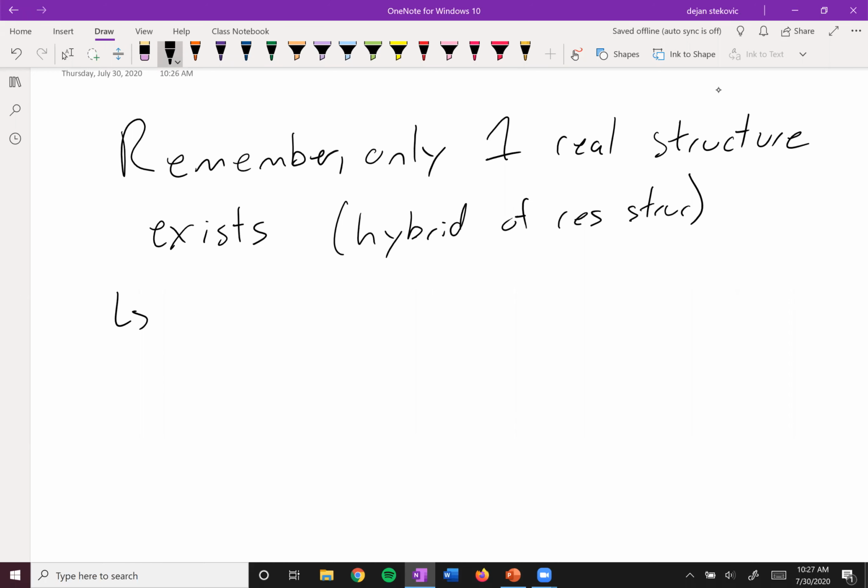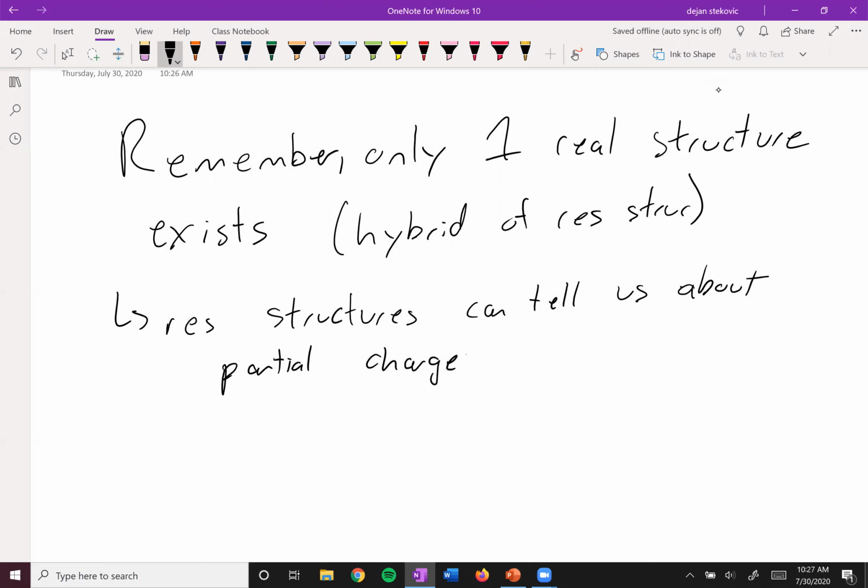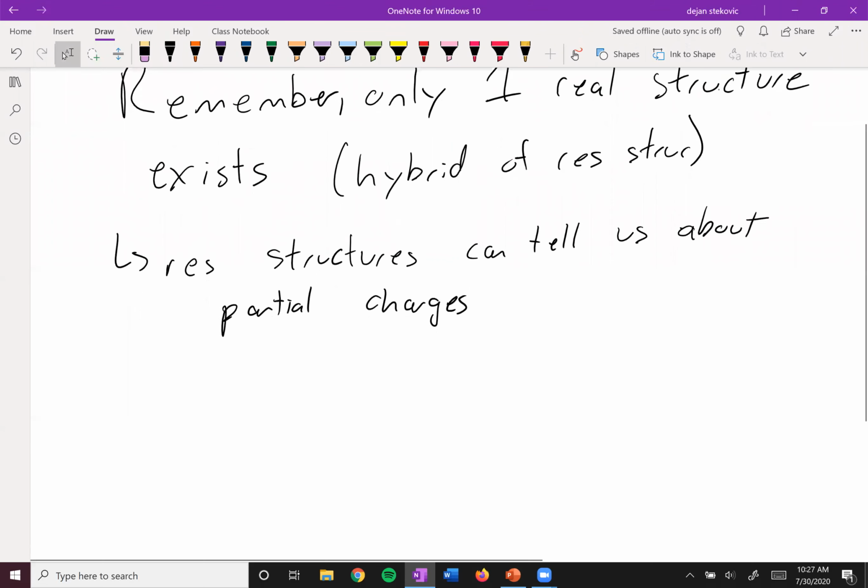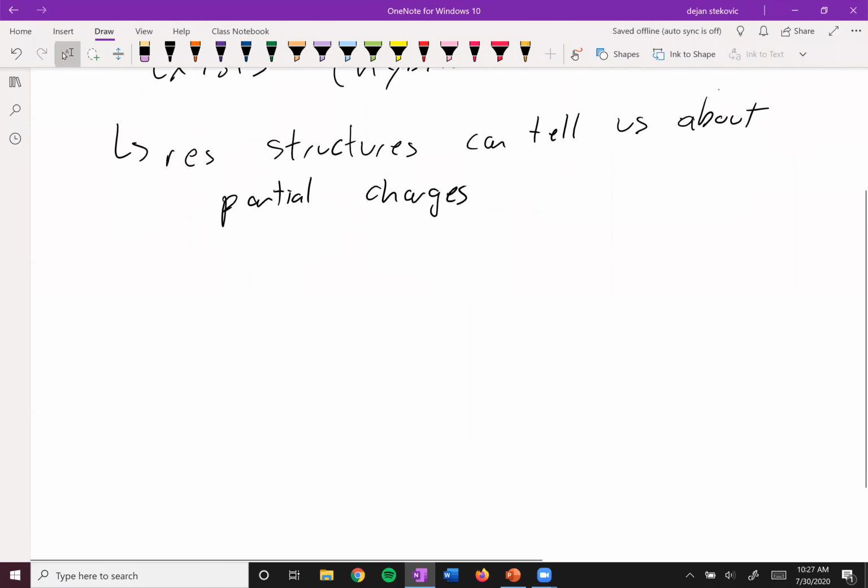But these resonance structures can tell us a lot about partial charges. And being able to identify these partial charges is going to be very important when it comes to looking at a molecule and predicting where and how it's going to react.